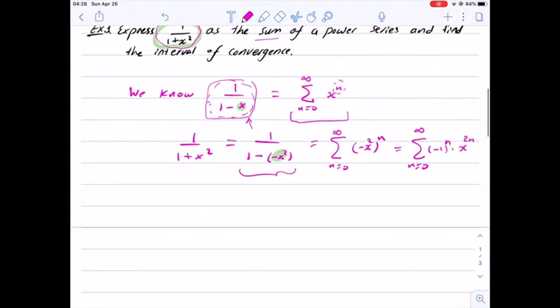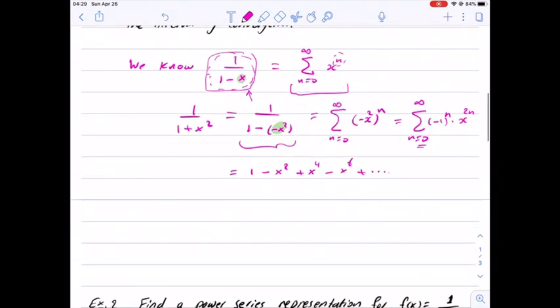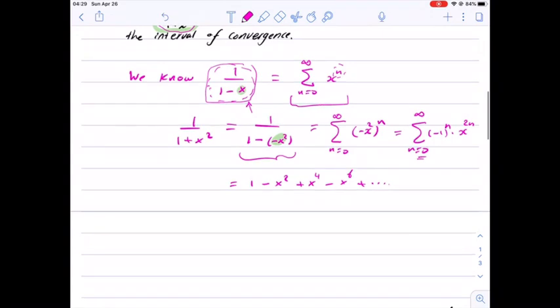Now, if we want to expand this to find some terms of this series, we plug 0 to get 1, then plug 1 to get negative x squared, then plug 2 to get x to the 4th, then negative x to the 6th, and so on. So this is the series that we obtain.